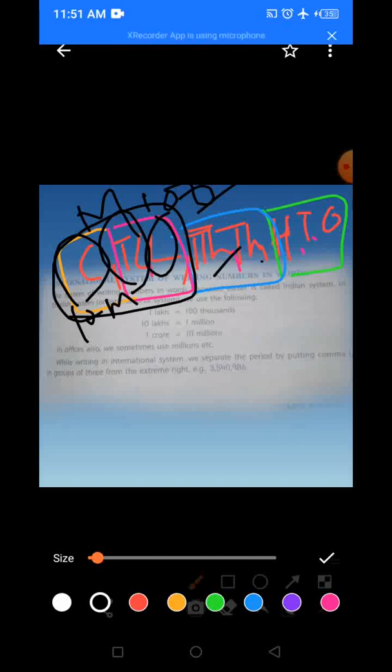Again, look children, the first unit period is common, that is ones, tens and hundreds. Then when we go towards the thousand group, let me erase this first and then we will see. Now remember very carefully, do not get confused here.